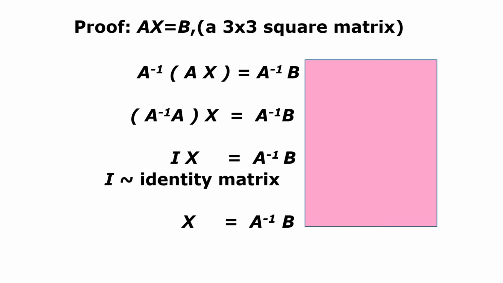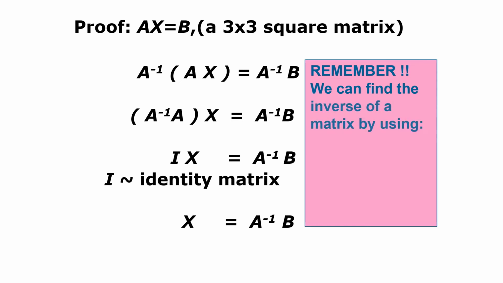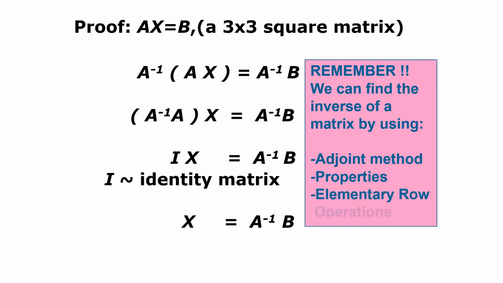But please take note that we can find the inverse matrix of A by using these three methods, which are the adjoint method, the properties, and the elementary row operations.